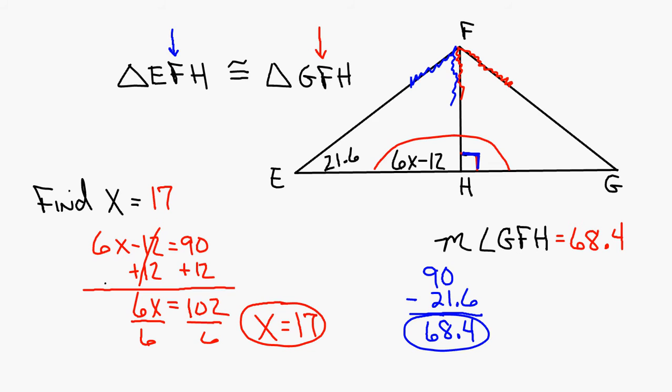All right, check it out just below that. Now you're given triangle ABC is congruent to triangle DEF.